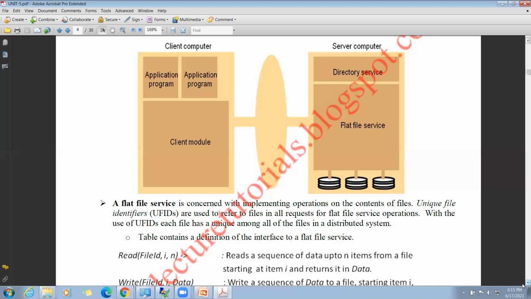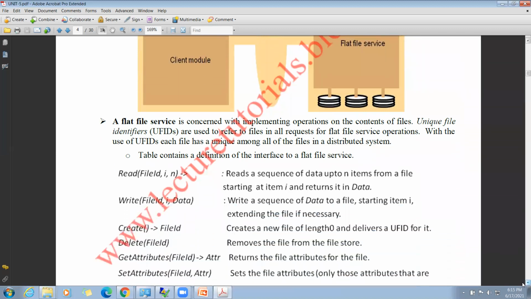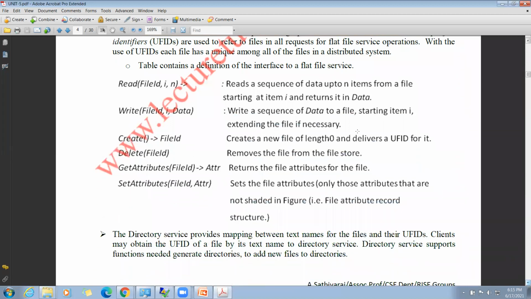Okay, see how the flat file services will look. Read(field, i, n) will read a sequence of data up to n items from a file starting at item i and return it in data.